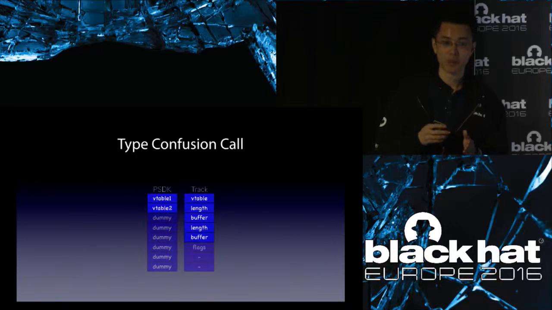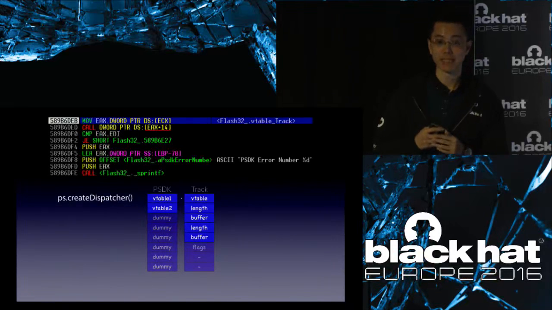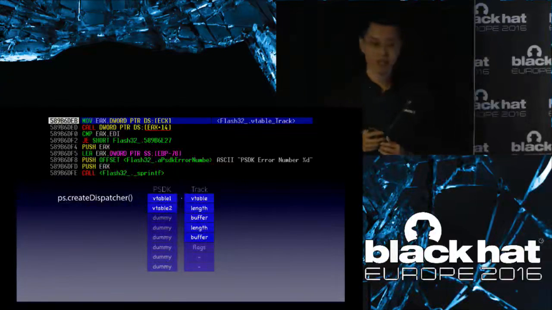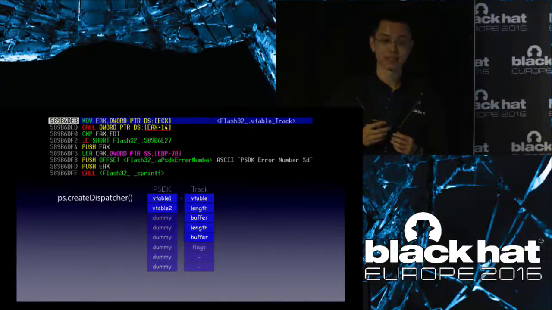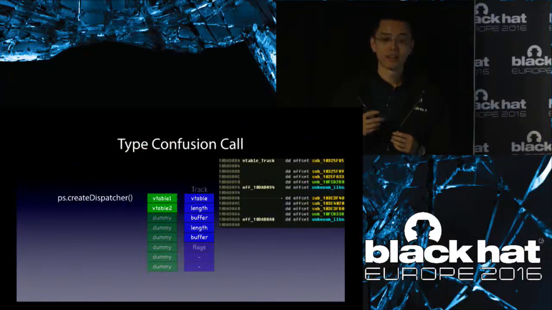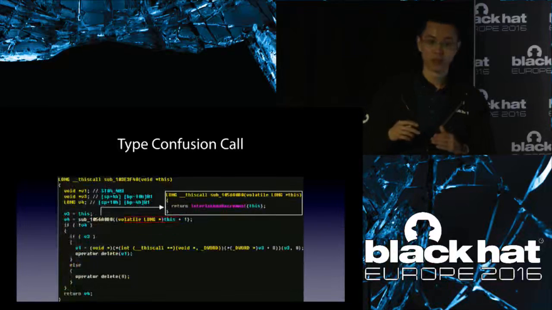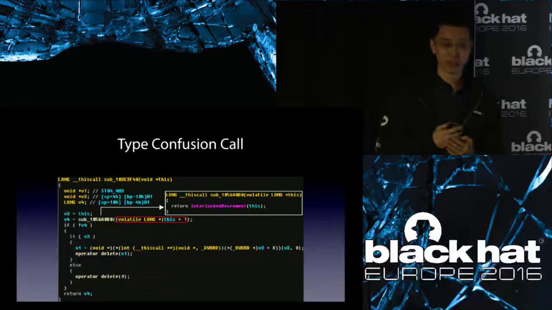And right now, when we invoke the virtual function of PSDK, let's say the create dispatcher located at 14 hex offset, it is now the virtual function of Track being indexed. And this type confusion function call treats the second double word of the current class memory as a reference count, decrements it, and releases the current memory if the reference count is 0.